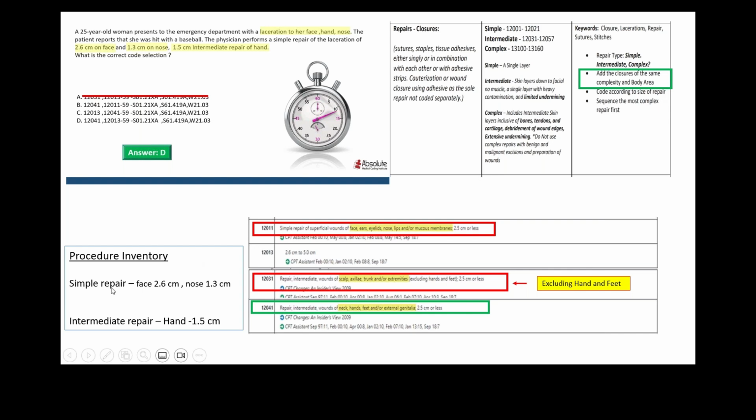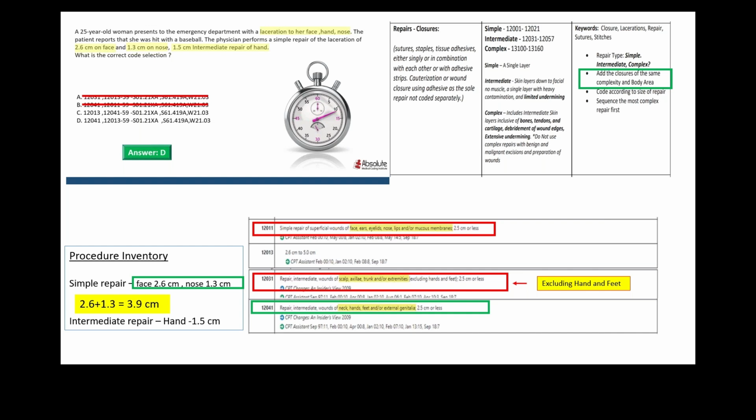We had a simple repair of the same complexity, and the body areas are the face and nose, so we have to add these two. Adding them, 2.6 plus 1.3 gives you 3.9 centimeter, and 12011 is only coding for simple repair of these locations of 2.5 centimeter or less. That doesn't satisfy the length of the laceration repair performed.